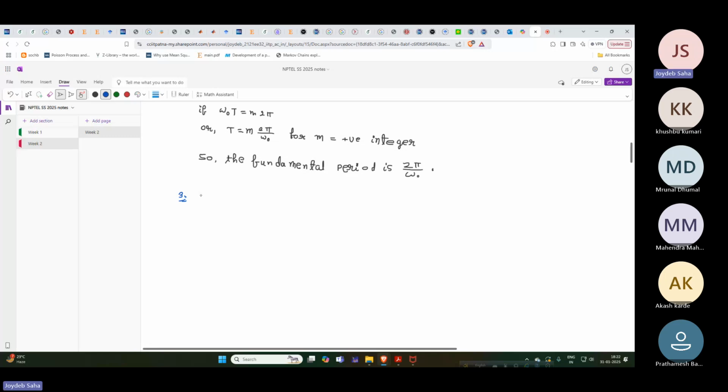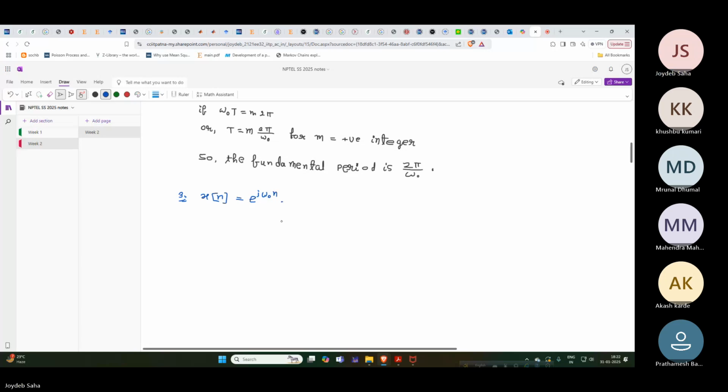So given x[n] is equal to exponential j omega 0 n. This is given.